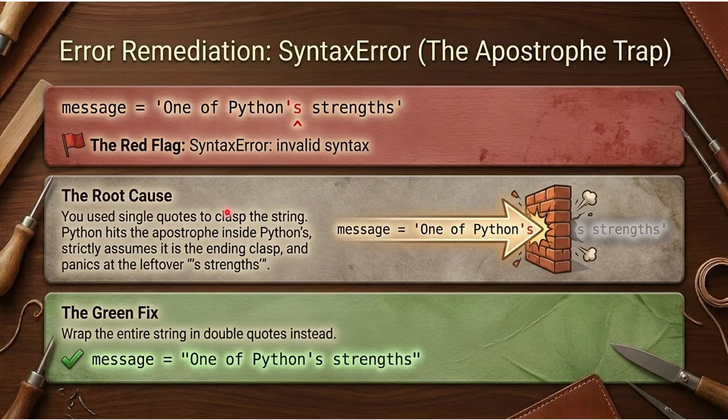So now let's look at another error remediation, which is very important. Suppose you have a message that starts with a single quote: one of Python's strengths. As I told you, whatever is between the quotes, it will treat as a string.